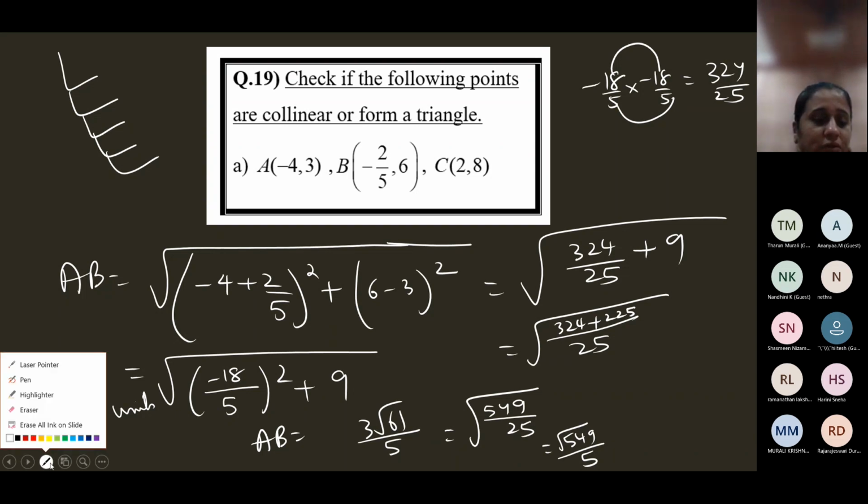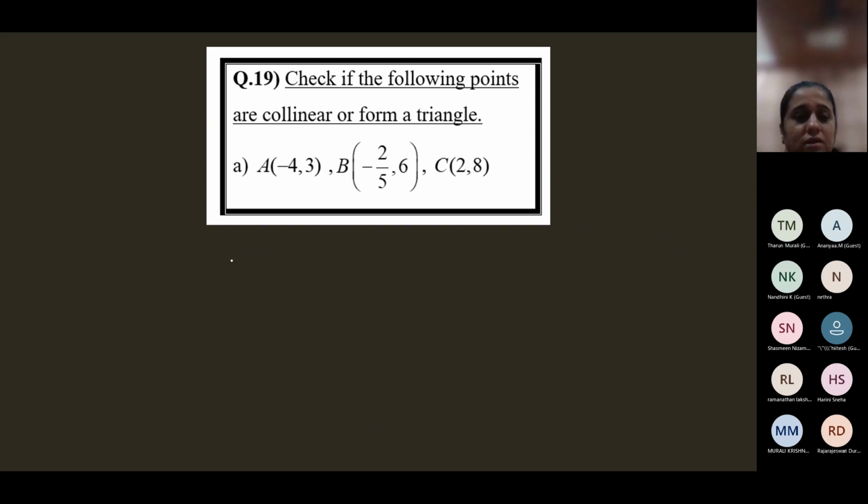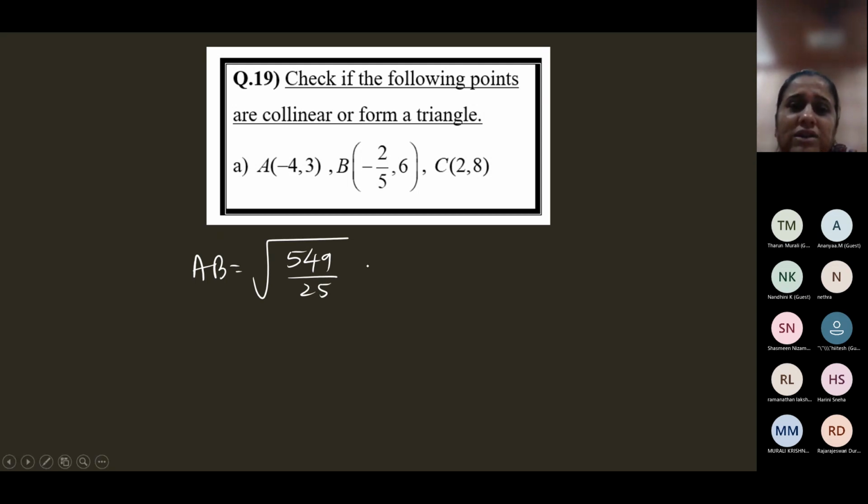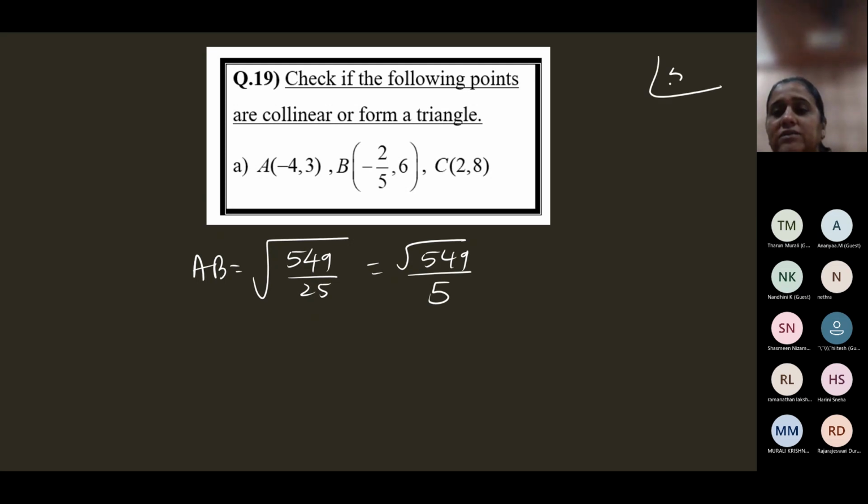AB is equal to root of 549 by 25. Was it 549, children? Yes. Okay. So this is nothing but square root of 549 by 5. Now 549 divides by 3, and again by 3, giving 61. Now 61 is a prime number.